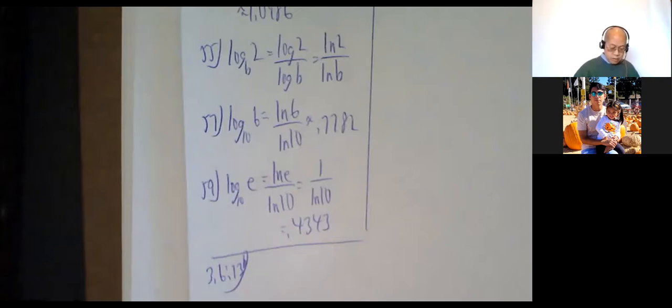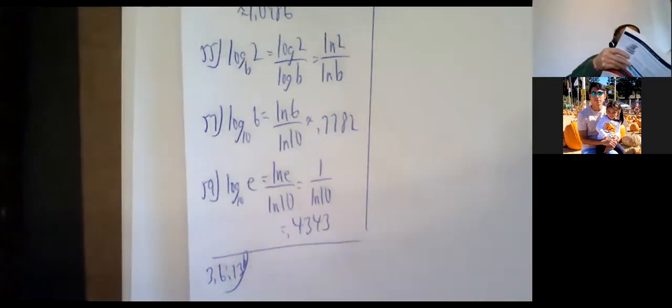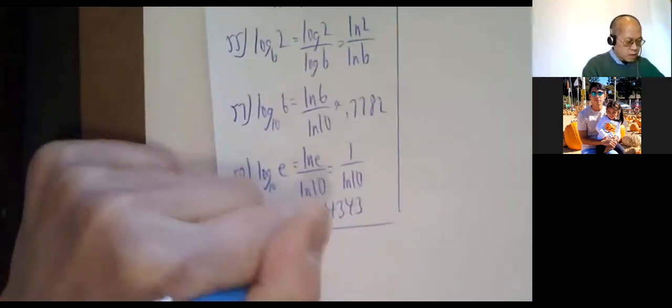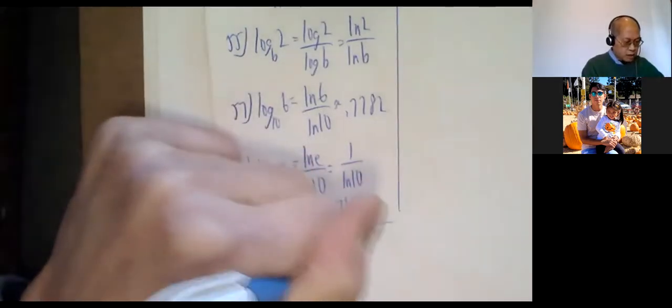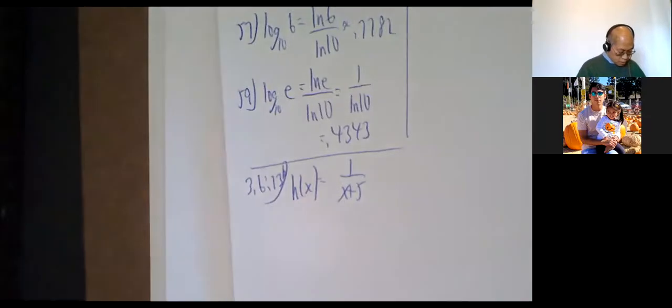Okay, so h of x is 1 over x plus 5. Show the inverse exists and find a domain and range.